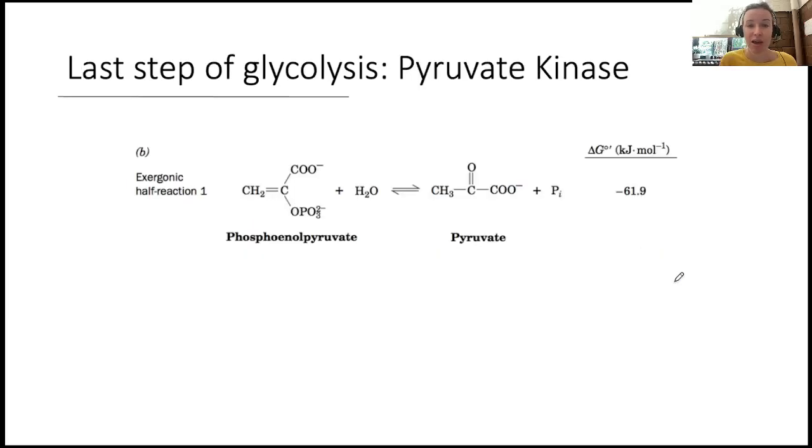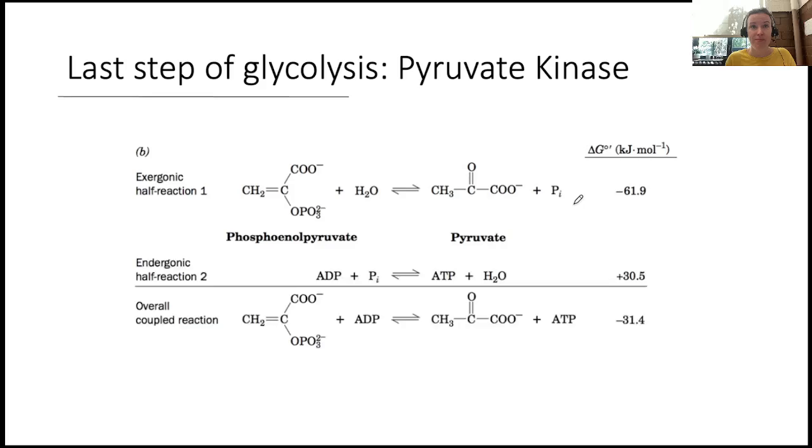We'll also see an example of this in the last step of glycolysis. There is part of this half reaction where we go from an enol looking arrangement to a keto looking arrangement. This step from enol to keto releases about 60 kilojoules per mole.